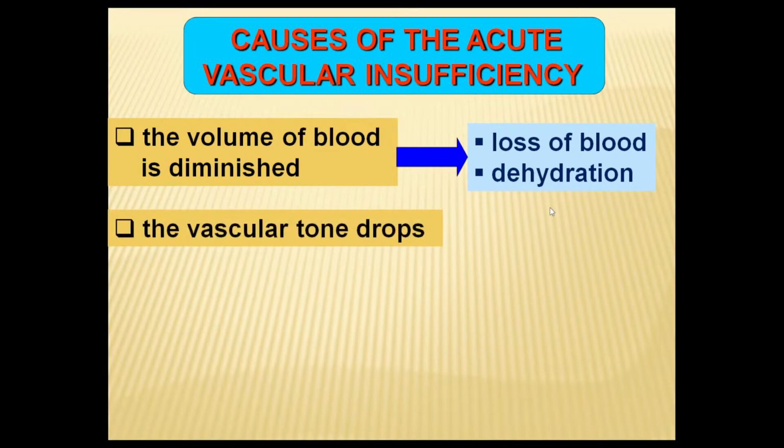Another cause, when the vascular tone drops, some vessels dilate. We remember peripheral circulation is held with definite tone of peripheral vessels. Some vessels constricted, others dilated, and blood is held in the dilated blood vessels.